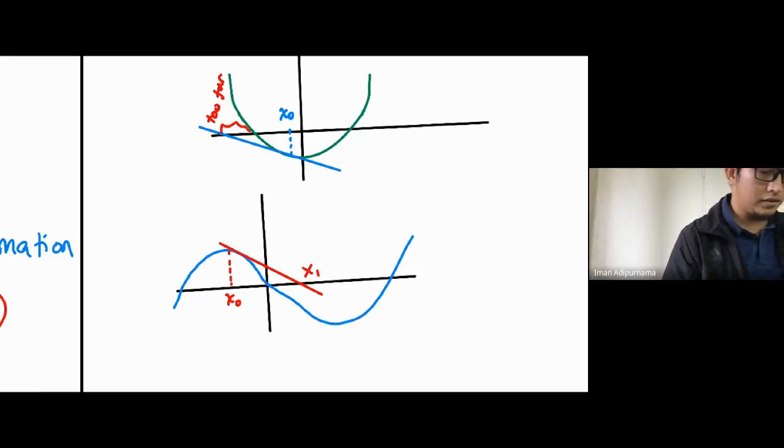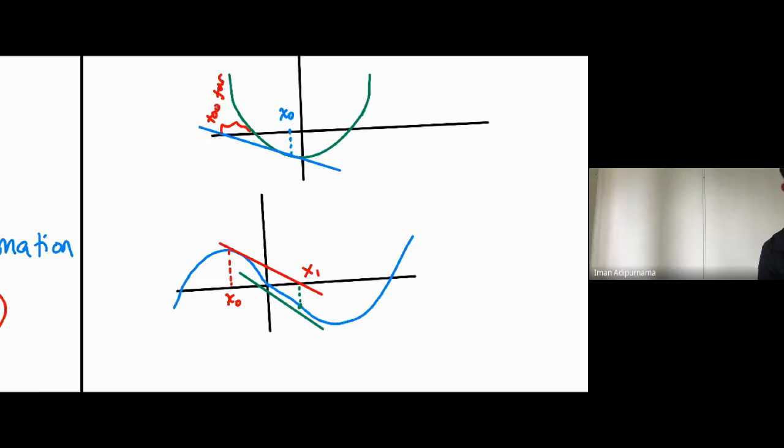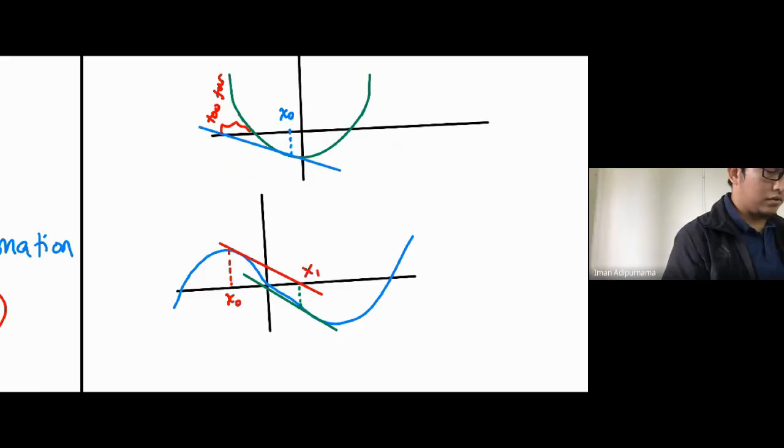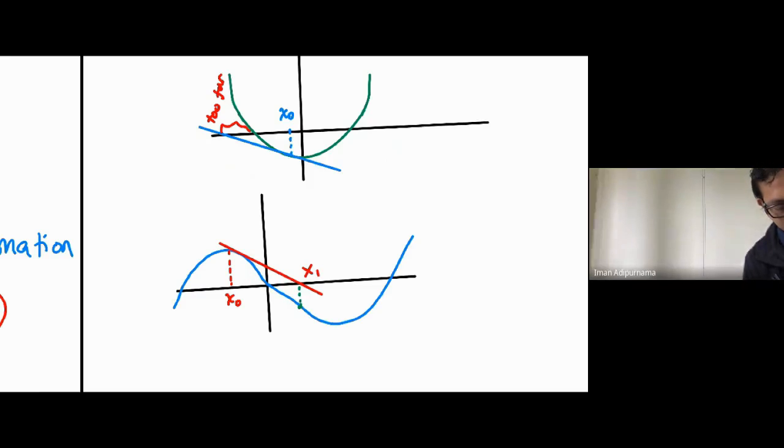And then you draw the tangent line from the x1. Let's say this is actually, I need to make it like that.